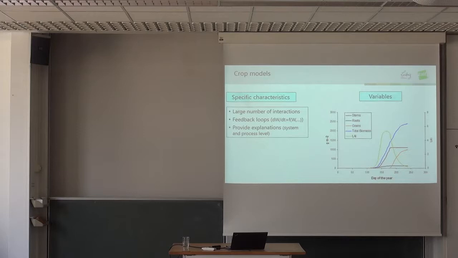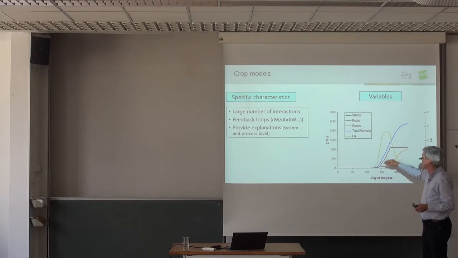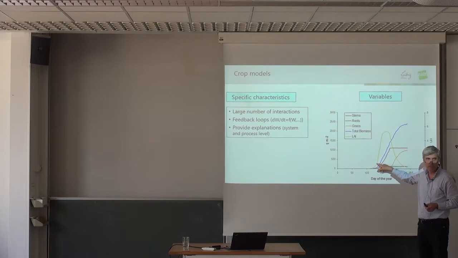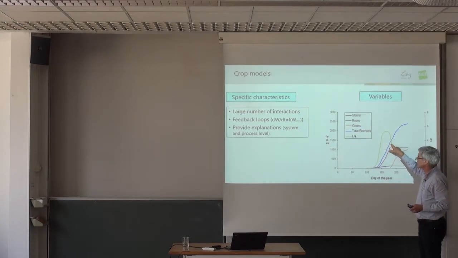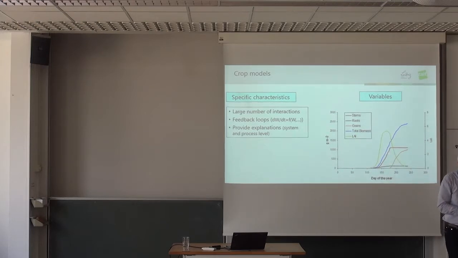And different to the functional response models, they consider feedback loops. So whatever happens early in the season will have an effect on how our crop responds later in the season. So if leaf area index is affected by drought early in the season, it will affect the simulations later in the season, and in turn also biomass production, yield production, etc.